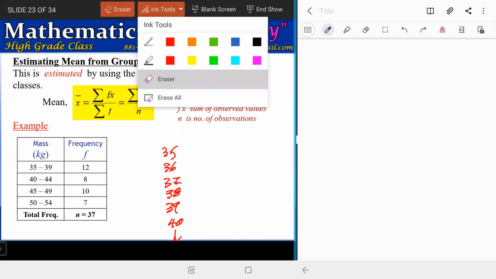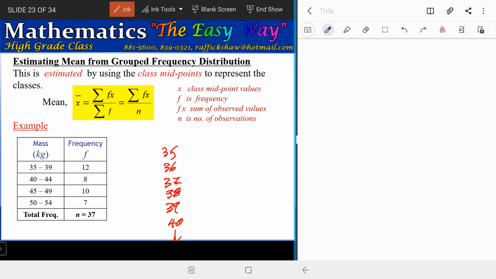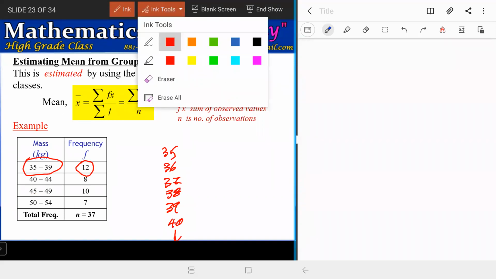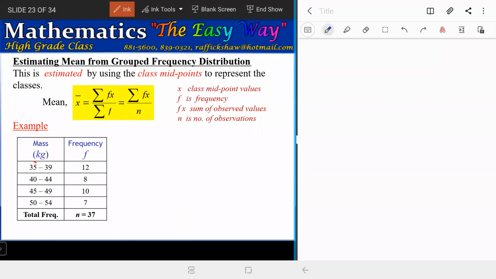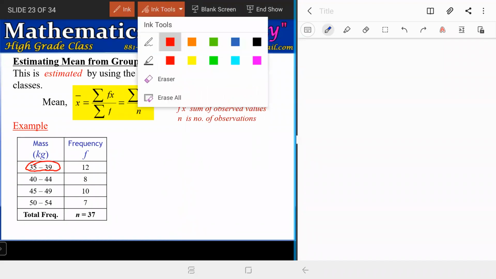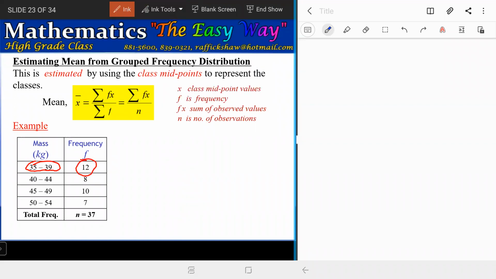But the problem, as I said before, let me repeat again. The 12 observations in this group, you don't know the actual observations, but you want to estimate the mean. So the best way is to say, since I don't know the actual observations for that group, I'm going to use the midpoint value for this group as the observation and assume that all 12 measure the midpoint value, which is 37.